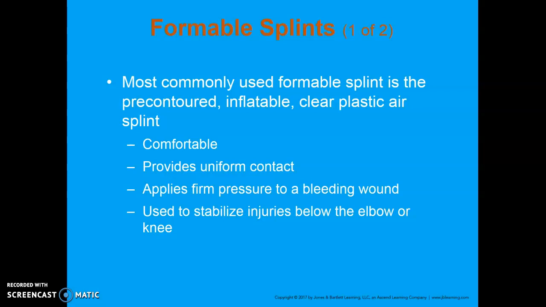Used to stabilize injuries below the elbow or below the knee. Pillows work great on ankles. SAM splints, not great for long areas because there's just not a whole lot of stability to them, but for like a wrist where you can double it up, works really, really well.